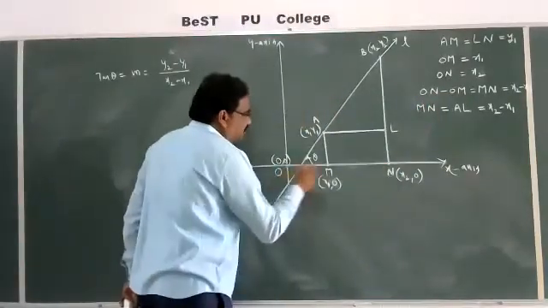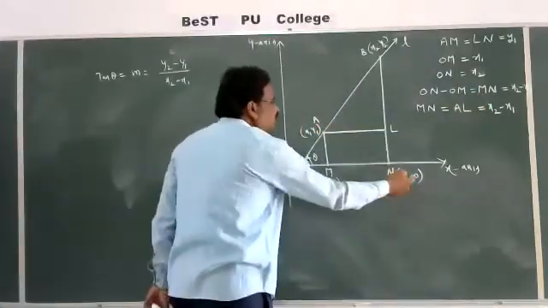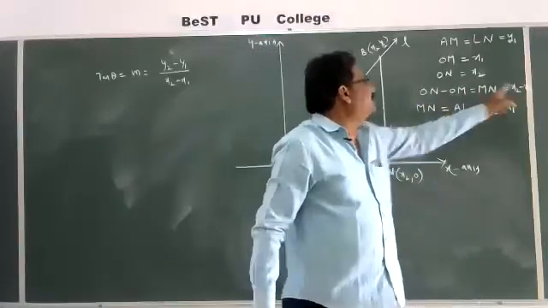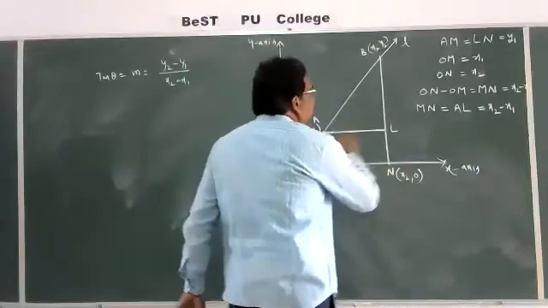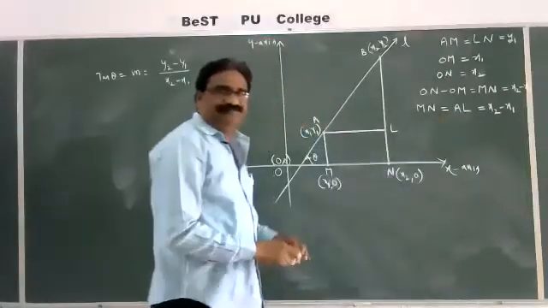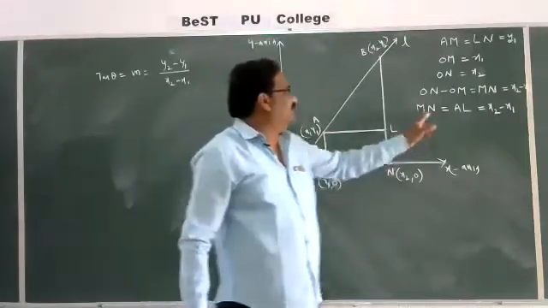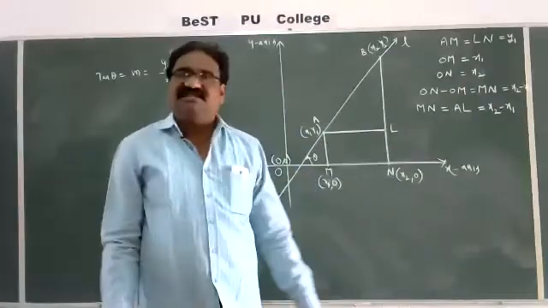We get MN is X2 minus X1. ON is X2, OM is X1. This MN length is equal to AL length. That is, MN is equal to AL is equal to X2 minus X1.